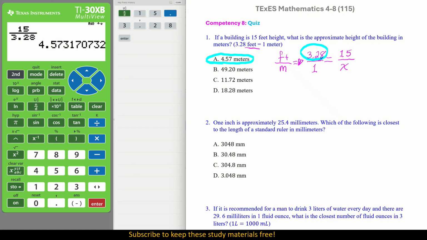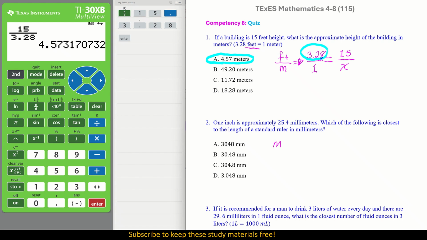Okay, all right, let's look at number 2. 1 inch is approximately 25.4 millimeters. Which of the following is closer to the length of a standard ruler in millimeters? Well, some people may already know this. I didn't have that committed to memory. Well, what do we have here?